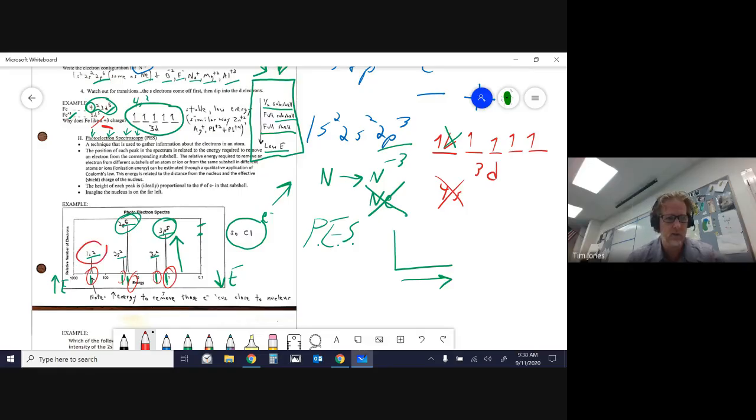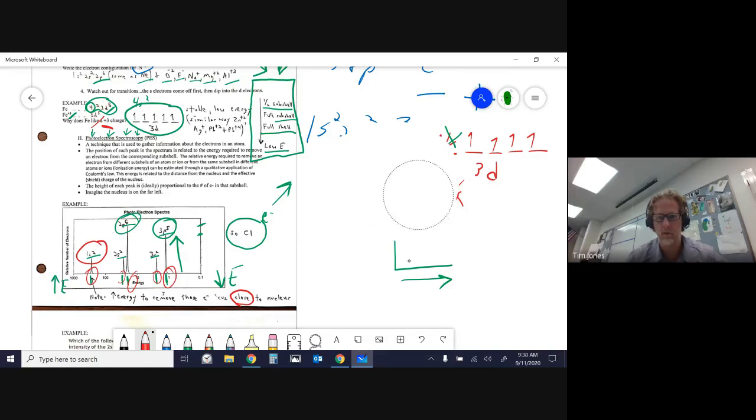This 1s2 takes the most energy because you're getting so close to the nucleus, it's holding on to it really tight. So for example, let me get rid of some of this stuff here.